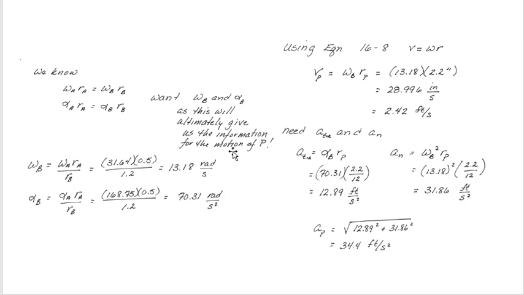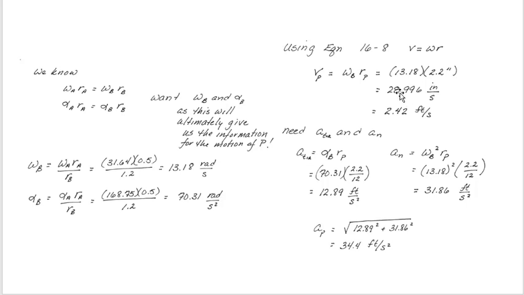So we could go ahead and do our calculations and plug that in, and we find out that we're at 13.18 radians per second for my angular velocity, and my angular acceleration is 70.31 radians per second squared. Now, remember that I can do a linear velocity related back to R times the angular velocity, and now we're going to use this B to tell us more about what's happening at P, so we can actually do that calculation.